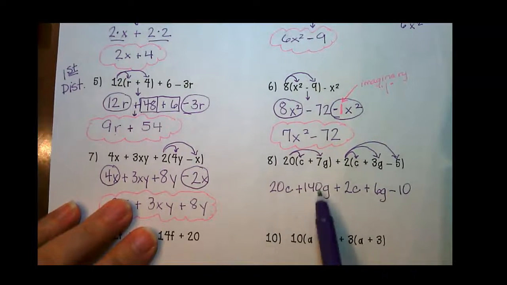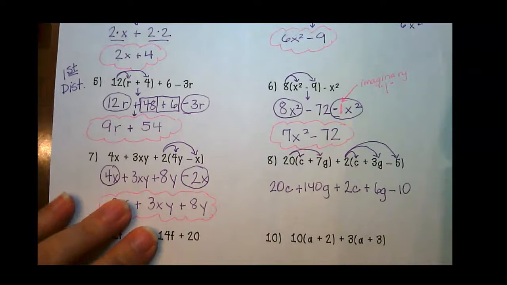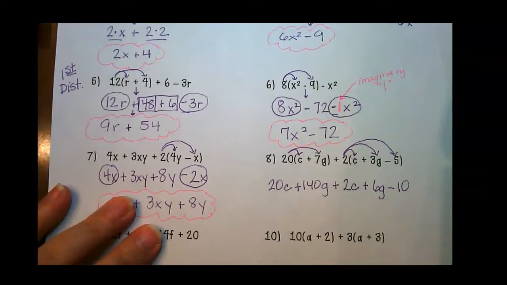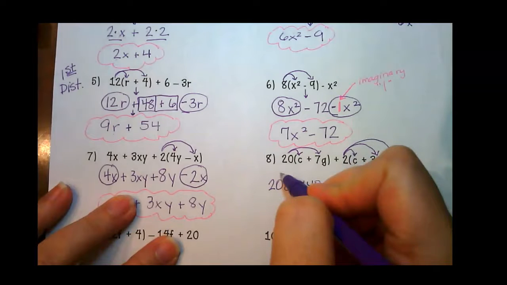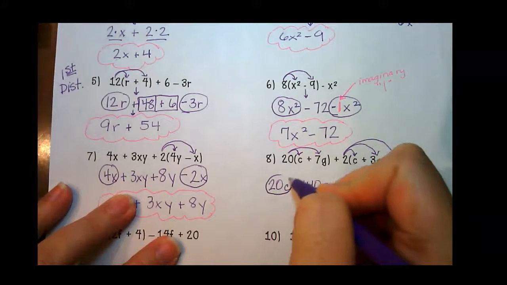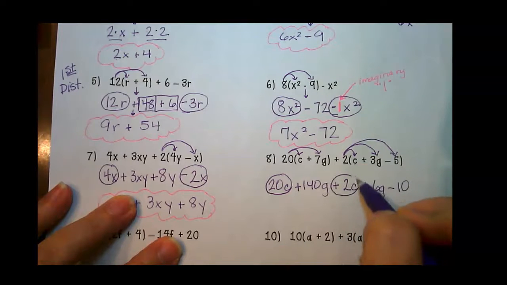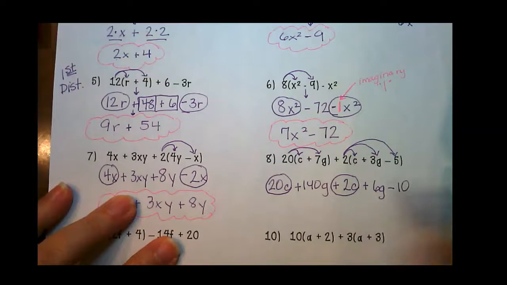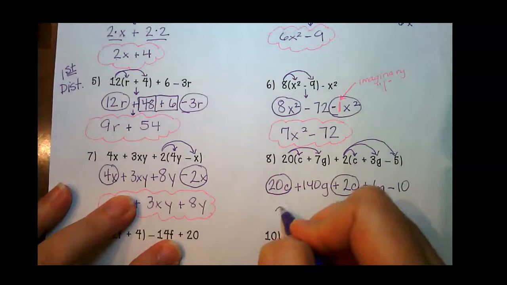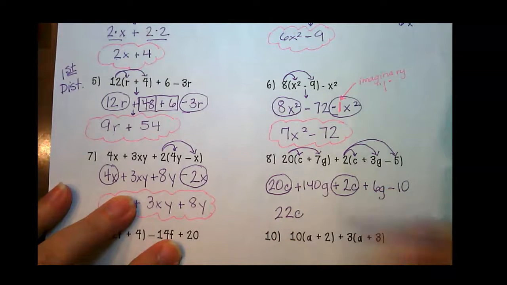We have 1, 2, 3, 4, 5 terms. That's a long problem. Don't panic, we're going to just work left to right. So we have some C's. All we have to do is put 20C plus 2C together and get 22C.